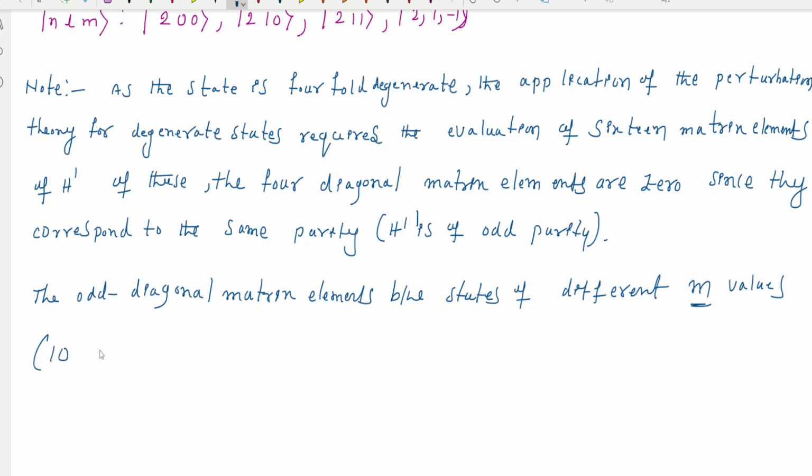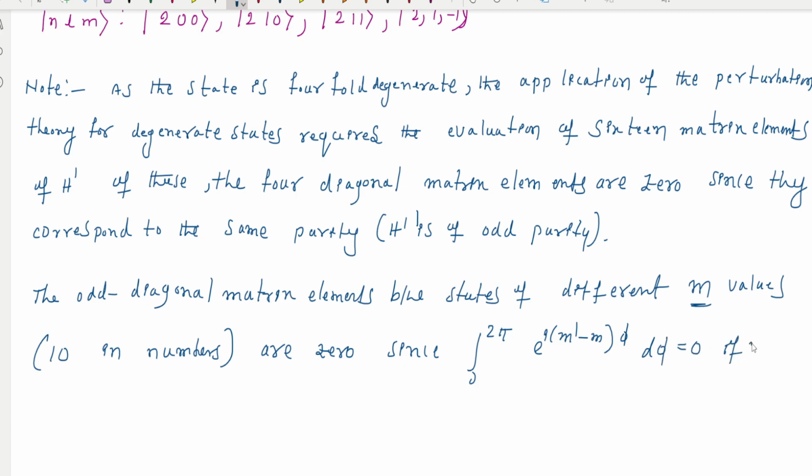You can get almost 10 combinations here, and these 10 are also zero, since the integral of e^{i(m' - m)φ} dφ equals 0 if m' is not equal to m. This is the reason.